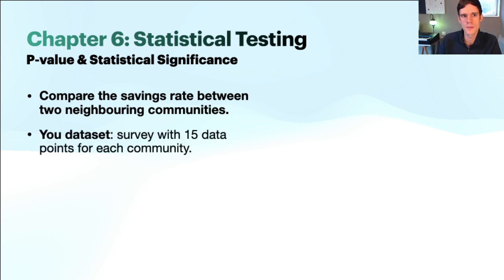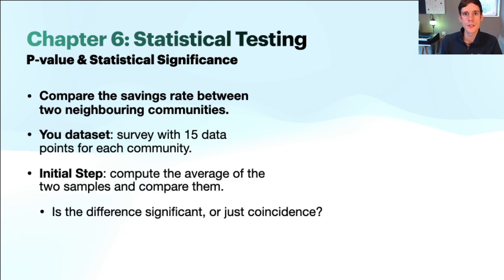Now, the data that you are given, your data set, is survey data from 15 people for each community. So presumably they went out to each community and asked 15 people for their specific savings rate. And thus the challenge is the following. Given our sample data, 15 data points for each community, can we deduce some insights about the difference in savings rate about the underlying populations?